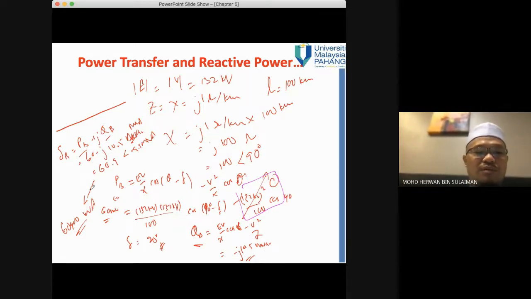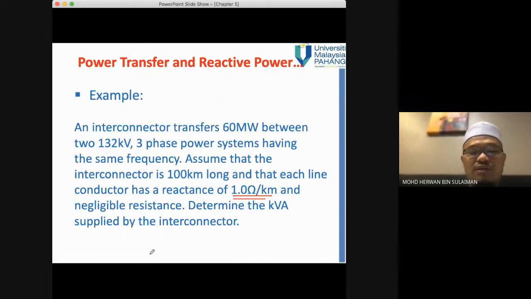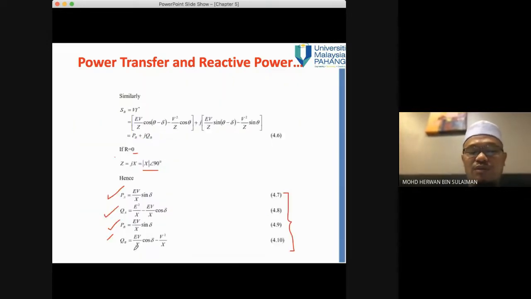So you get this is the real power, this is the reactive power, and then take the reactive and you can convert from magnitude and angle. So this is our 19 kVA. And then next you need to find your theta. Theta is 20 degrees. Just rearrange this equation, use this equation.